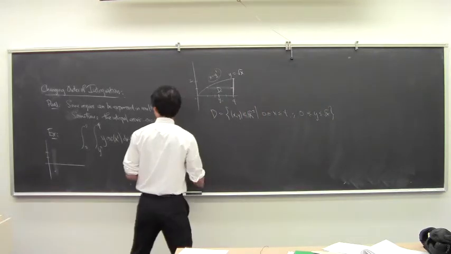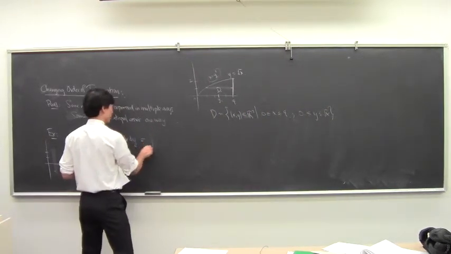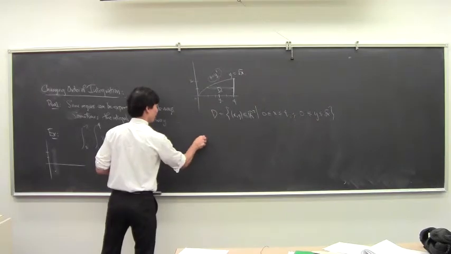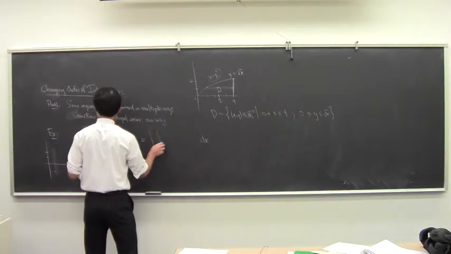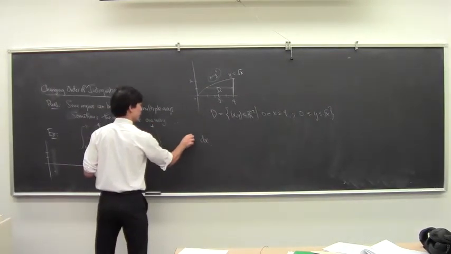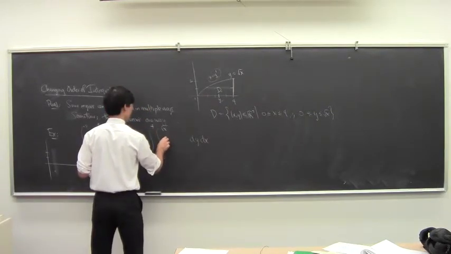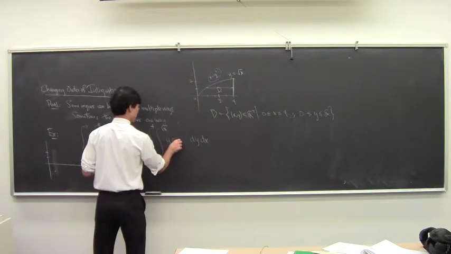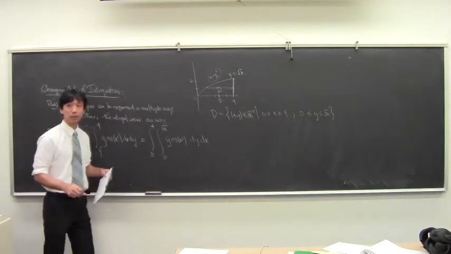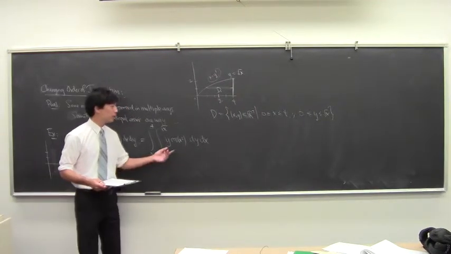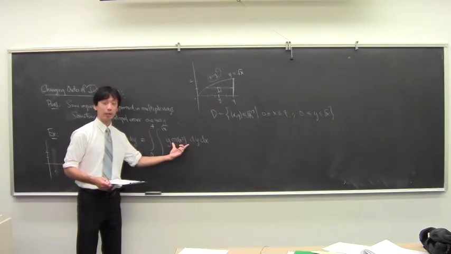Okay, so that means that we can rewrite this as a double integral. First, the outside is going to be x from 0 to 4, and the inside is going to be y from 0 to root x. And we have y cosine x squared over here. This looks a lot more promising, because we're just integrating y here. Cosine x squared is a constant, so we can pull it out.